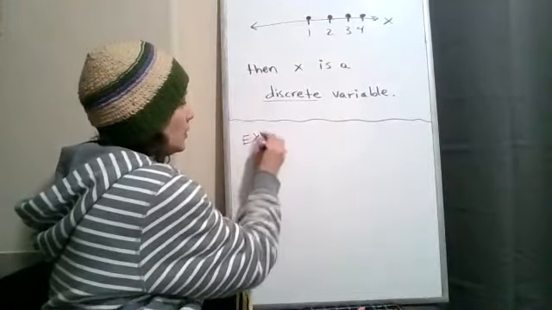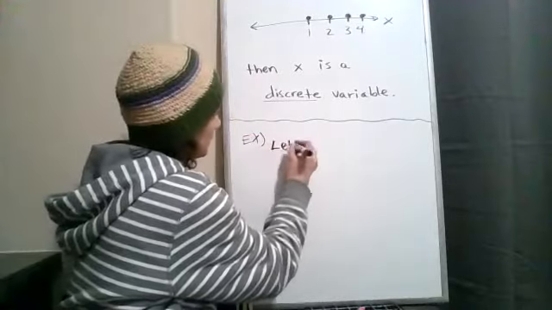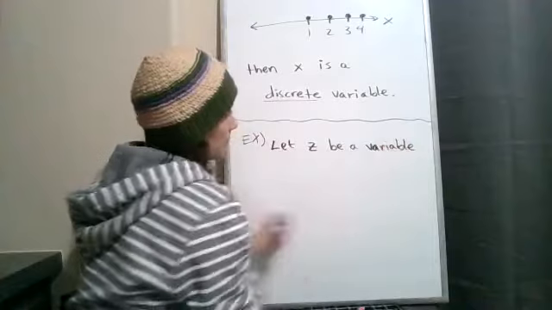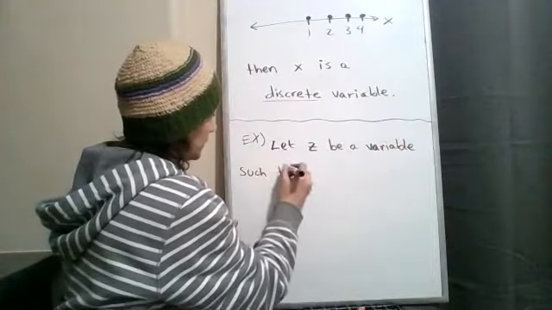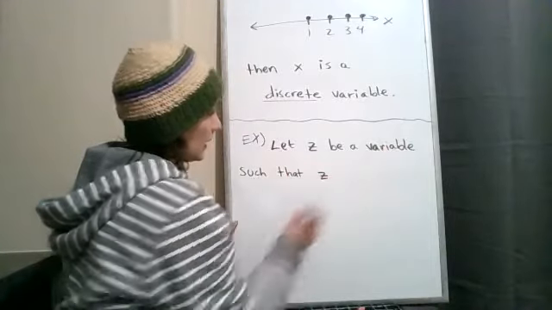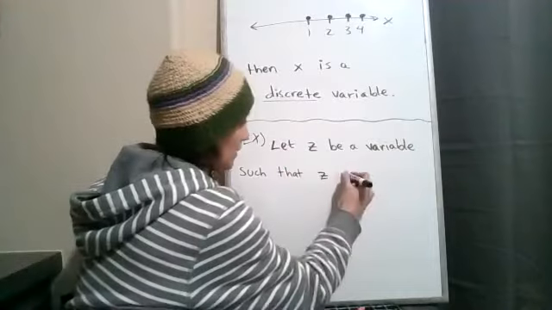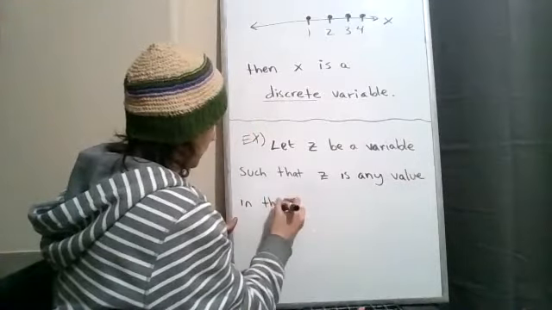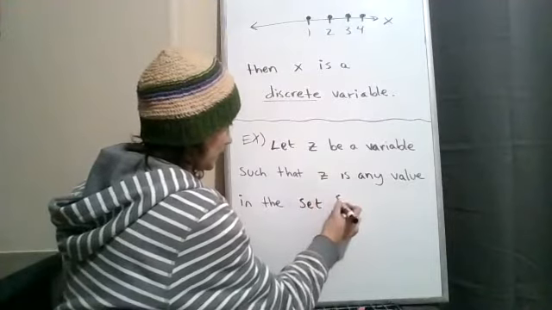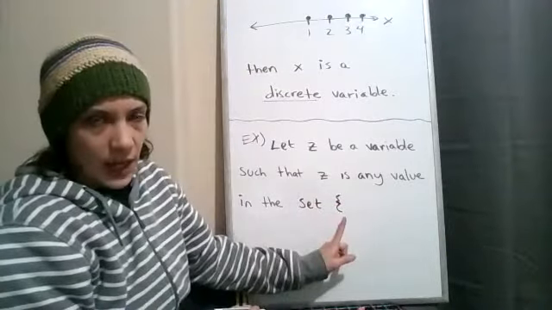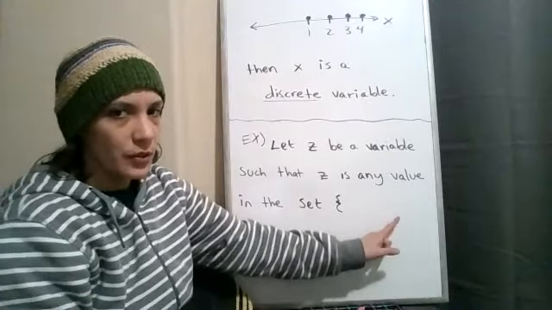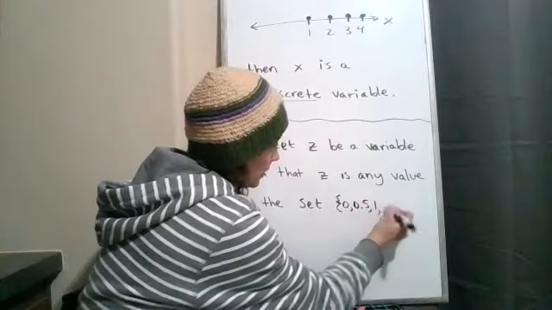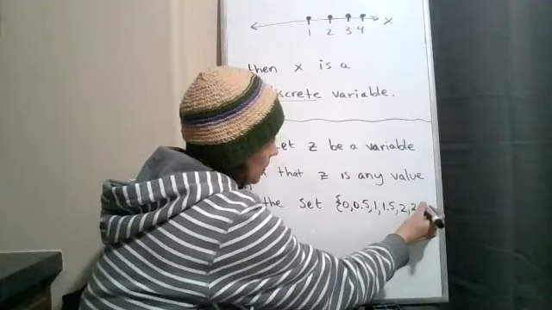So some new variable, we'll call it z. Z is any value in the set, we're going to start with 0 and then go to 0.5, 1, 1.5, 2, 2.5, and continue to do that.